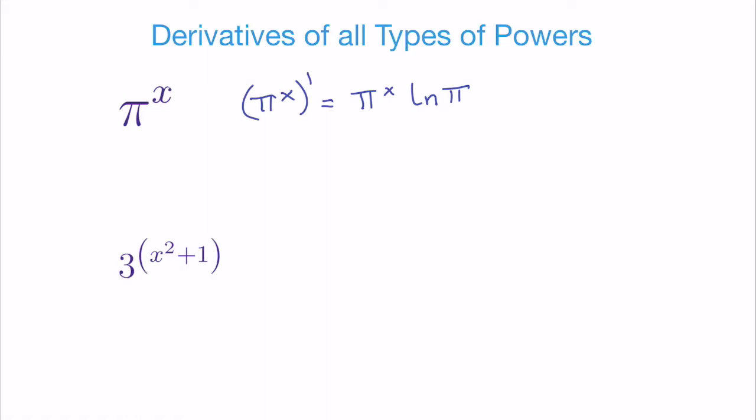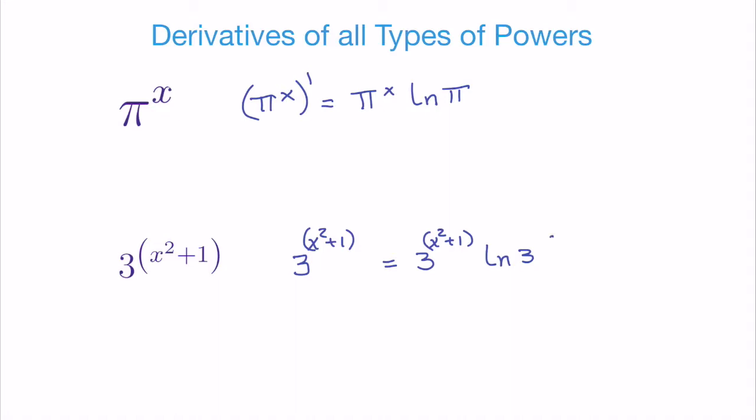The next example, what type is it? Yep, a constant to a variable exponent. So we have a constant to a function and we want to derive that. Again, this is an exponential function, so the derivative of 3 to the x squared plus 1 is: keep the same thing because it's the exponential, and multiply by ln of the base, but this is a chain rule. X squared plus 1 is inside the exponential function 3 to the x.